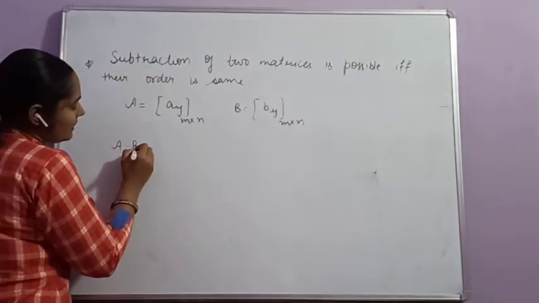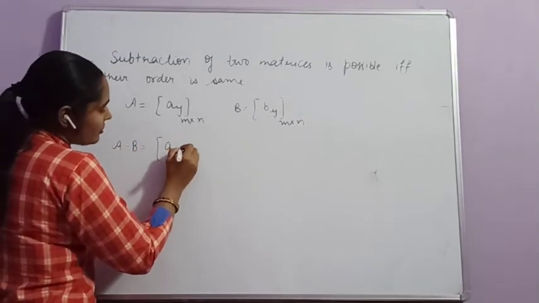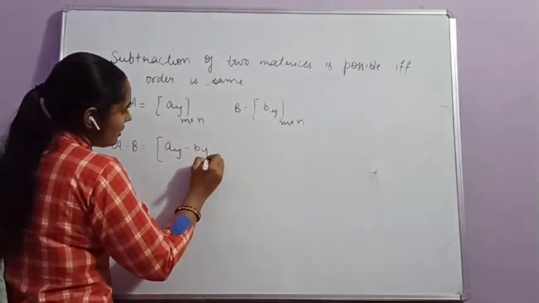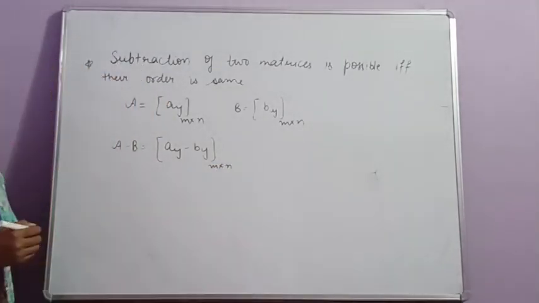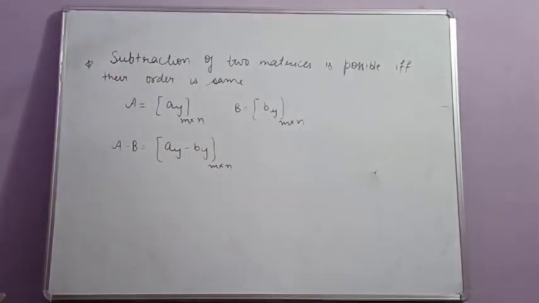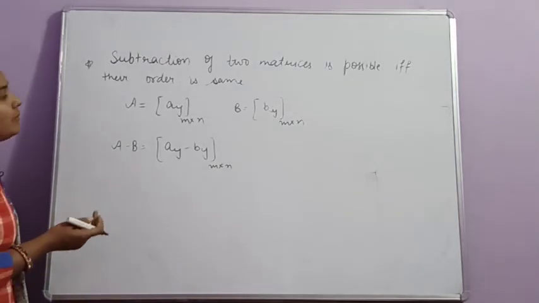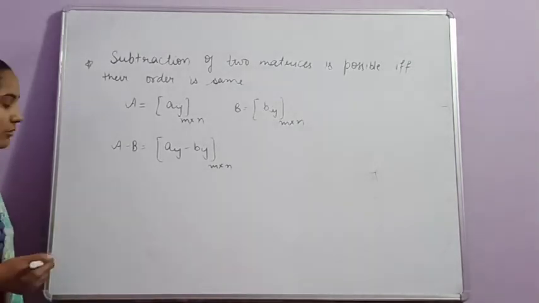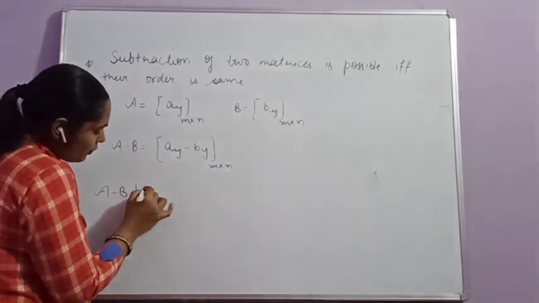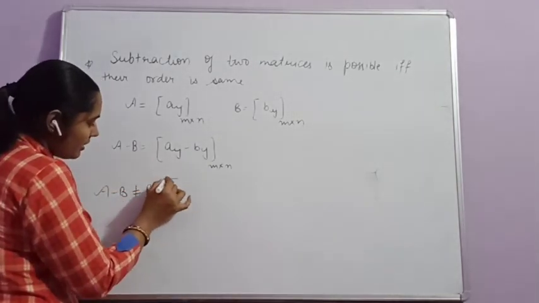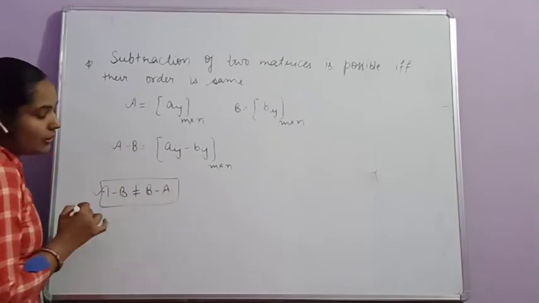Then A minus B will be equal to Aij minus Bij, and the order of the resultant matrix will be m into n. Clear? And subtraction is not commutative. That means it is not necessary that A minus B will be equal to B minus A. Clear? Both will give different values.